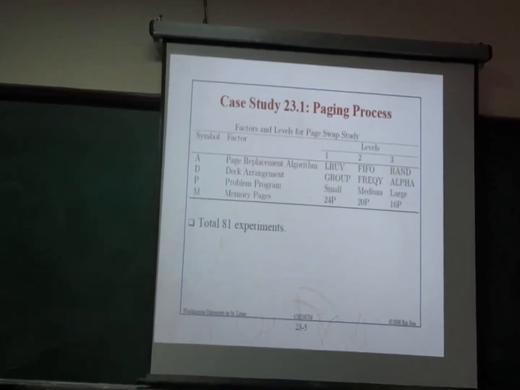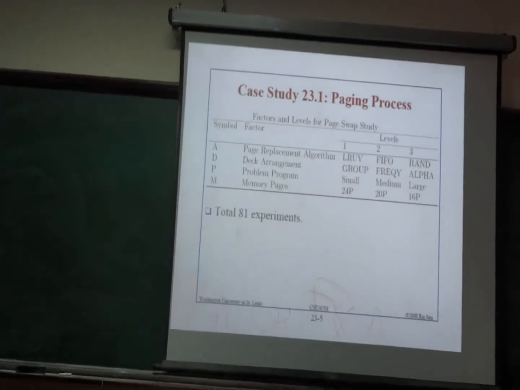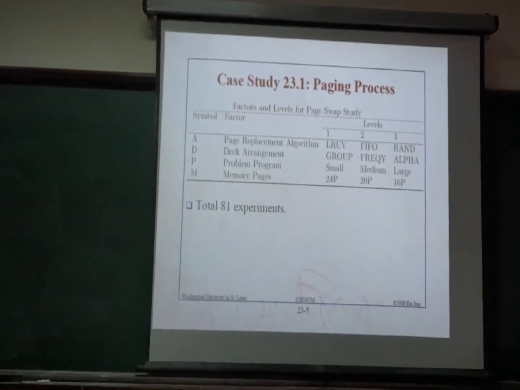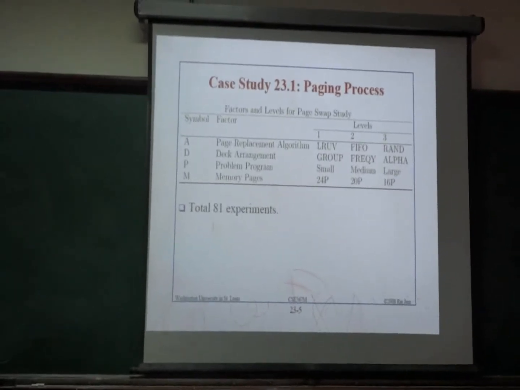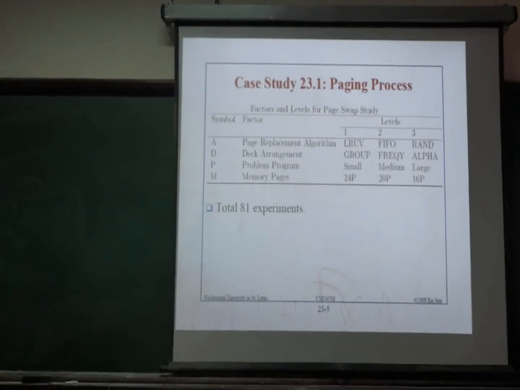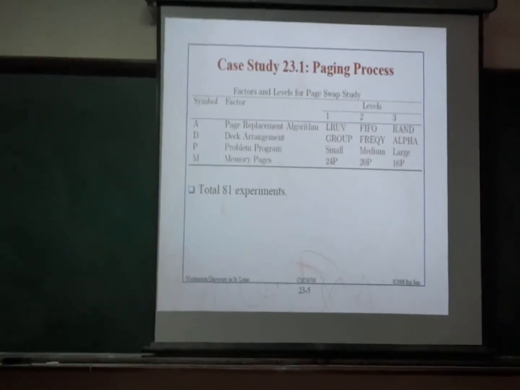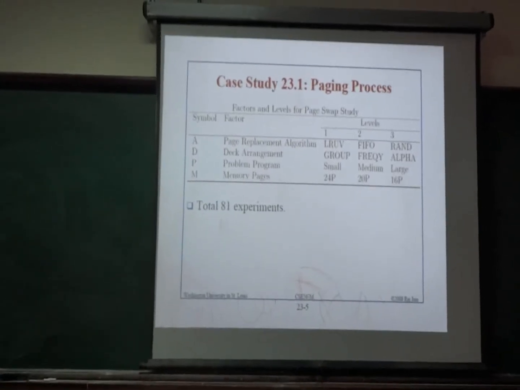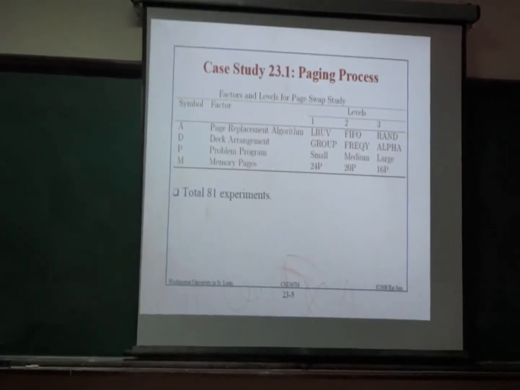Consider an example, a study to quantify the effect of various factors on the paging process. A full factorial 3x3x3x3 experiment, that is a 3 power 4 experimental design, was used. The factors were main memory size, program, deck arrangement, and replacement algorithm.